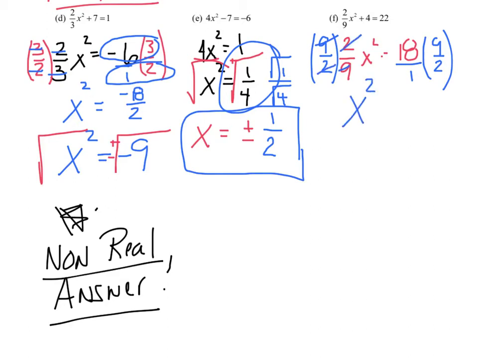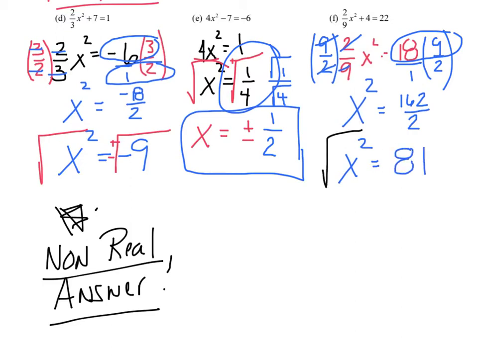So I get x squared equals, let's see, 9 times 18 is 162, divided by 2. And I'm going to clean that up. X squared equals 81. Take my square root, don't forget my plus minus, and I get x equals plus or minus 9.